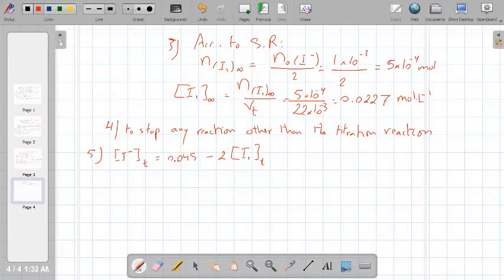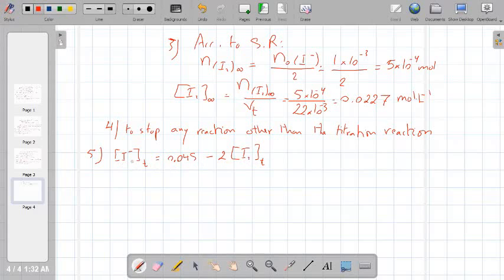First, is I minus a reactant or a product? I minus is a reactant. Then at instant t means the concentration of I minus at this instant. I2 is a product, so at instant t means formed at instant t.